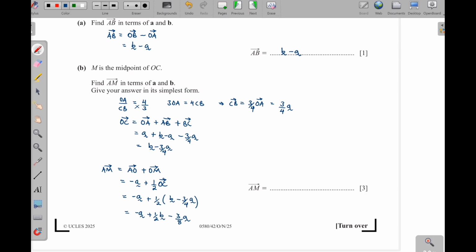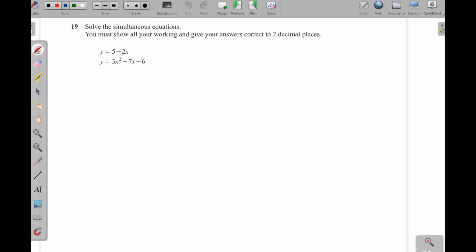And then here I can simplify, 8 times this. So you get negative 8 minus 3, you get negative 11. So we shall get negative 11 out of 8 of A, and then plus a half of B. As simple as that.